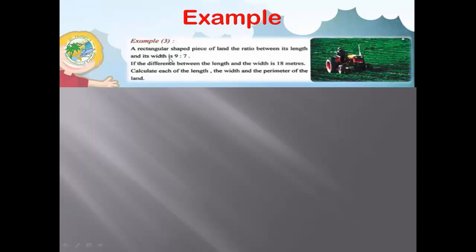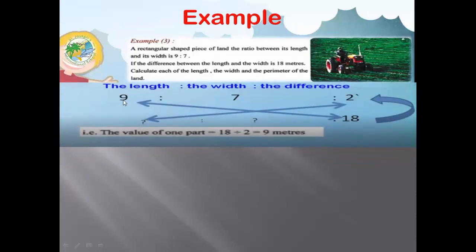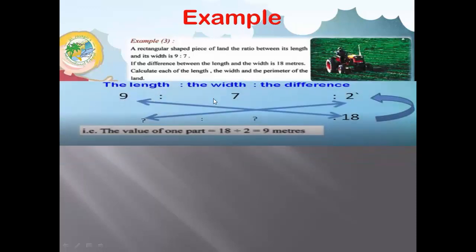The ratio between length and width is 9 to 7. The difference means we subtract the smallest number from the greatest number. We subtract between the numbers of the ratio, and we add between the numbers of the ratio for the sum.